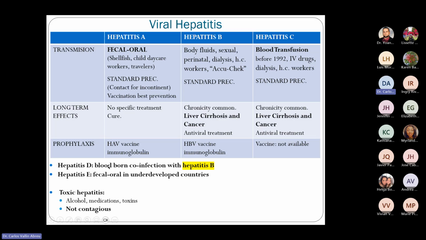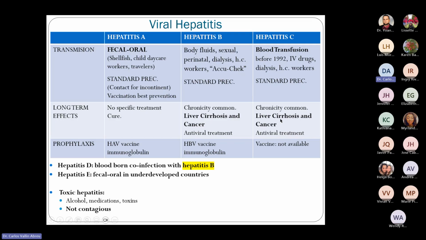The mechanism of transmission is the same as hepatitis B. Hepatitis B and hepatitis C, if not diagnosed and treated, can produce cirrhosis and liver cancer. For that reason, it's very important to be diagnosed and treated.